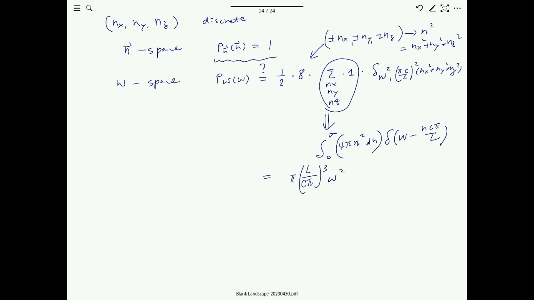Now, if you go to a continuum limit, you replace this summation by an integral, and this discrete delta function by a continuous delta function, and then you can get the result. This also helps you if you want to calculate the density of states for bosons or fermions. Let me see, maybe we can skip this part.